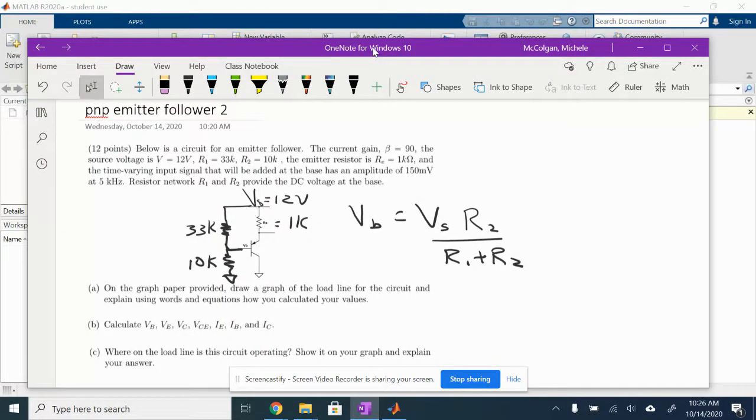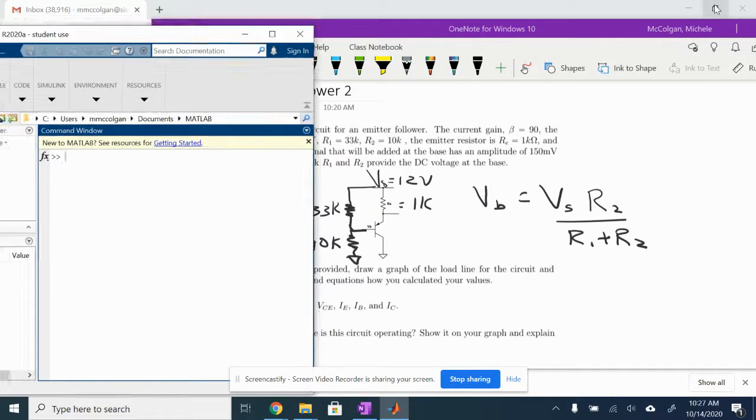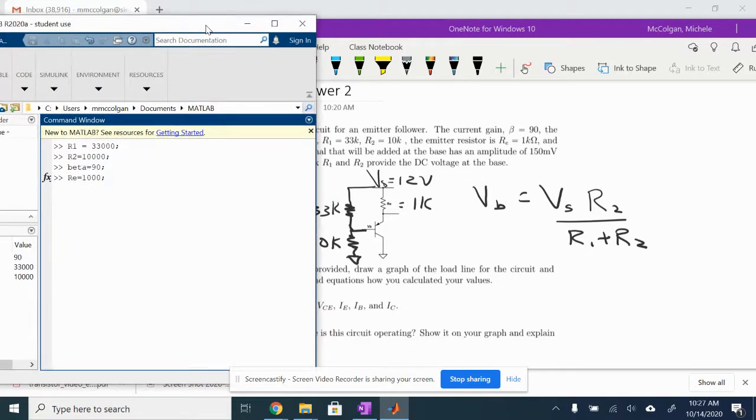So I can say R1 is equal to 33,000, R2 is equal to 10,000, Beta is equal to 90, RE is equal to 1K, and my source voltage, Vs, is equal to 12 volts.